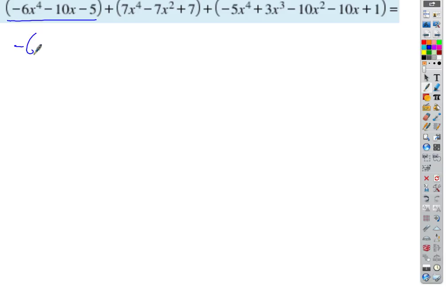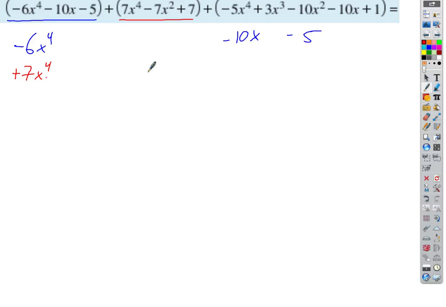So the first one would just look like negative 6x to the 4th, skip x cubed, skip x squared, minus 10x minus 5. And then we're adding to that this guy. Well, this one will be red. What columns do those go in? So I've got a plus 7x to the 4th. Skip the x cubed.